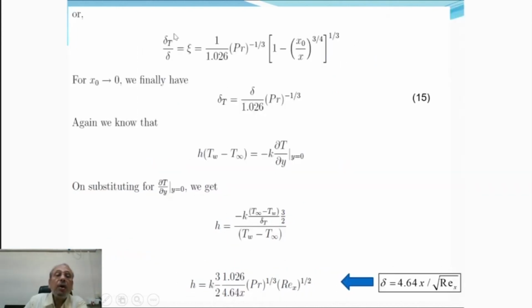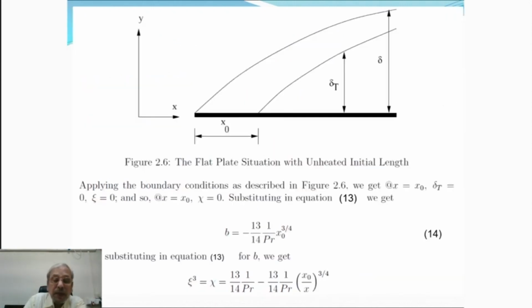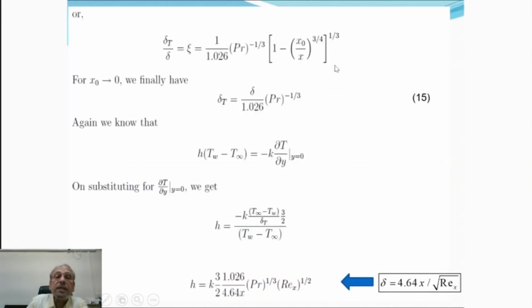And zeta cube is basically, if we remember, zeta is nothing but delta by delta t. So zeta cube is this. From here, if we try to find an expression for zeta, we will get this.